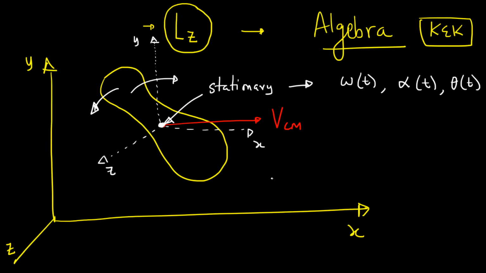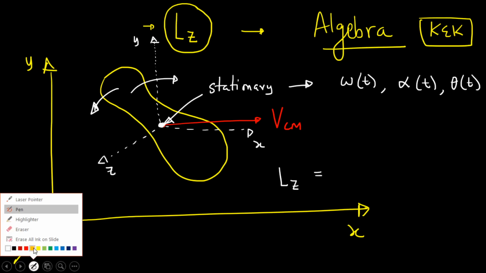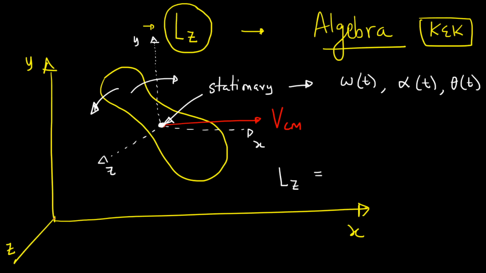Now here's the answer. The answer consists of two parts. One, which is calculated as if this whole object is a particle, and you take the velocity of the center of mass.